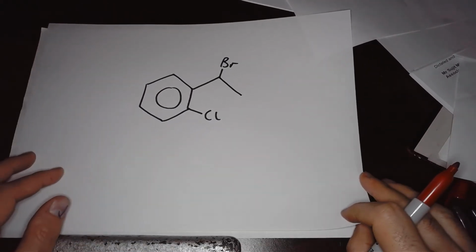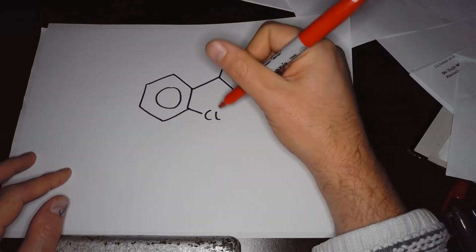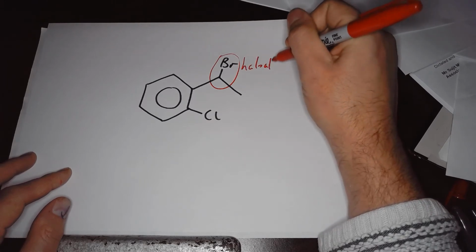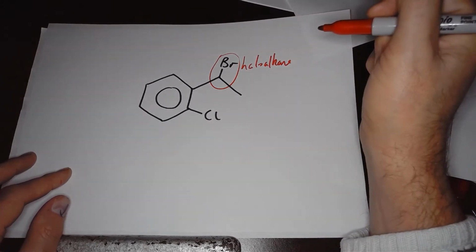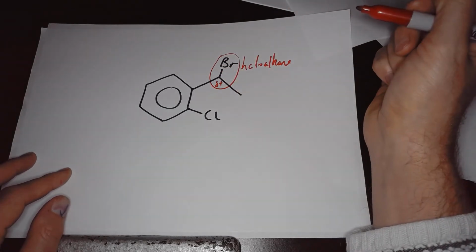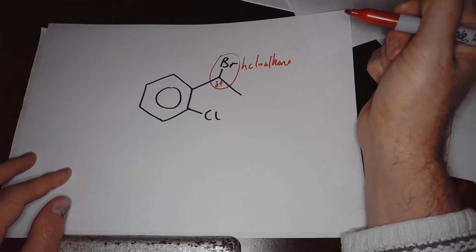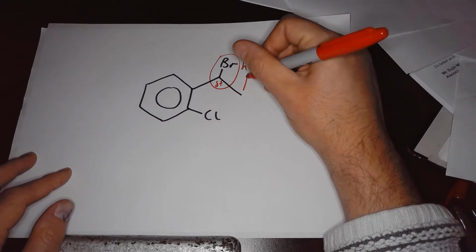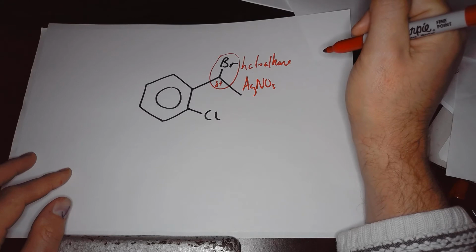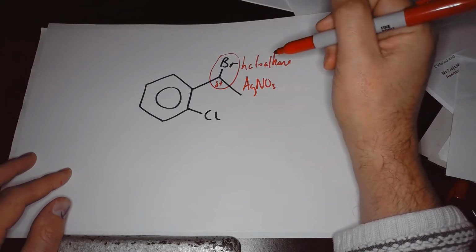Okay, so here we've got a halogenated benzene ring, and here we've got a haloalkane. Now, this delta positive carbon here attracts nucleophiles like OH minus and like water, and for that reason it would react with silver nitrate, giving you a white, in this case a cream precipitate, because it will release the bromide ion.